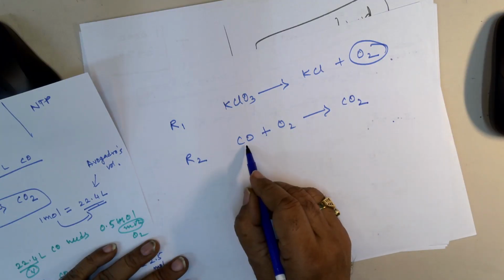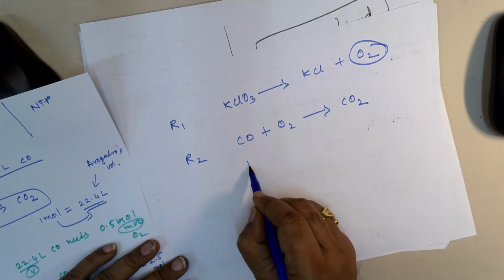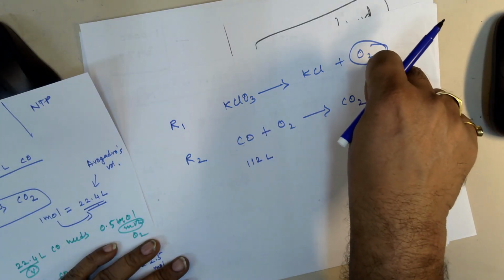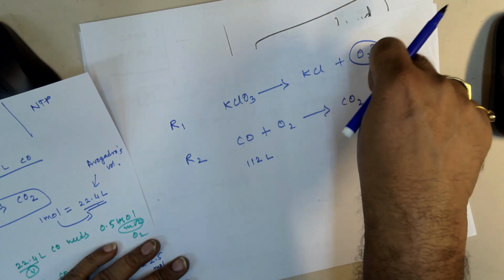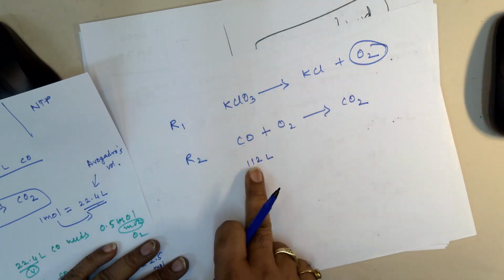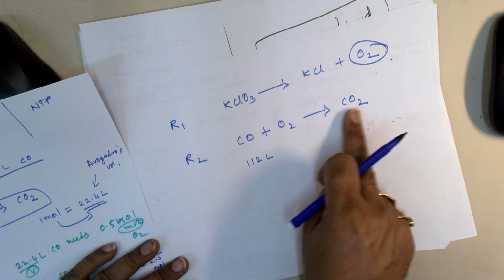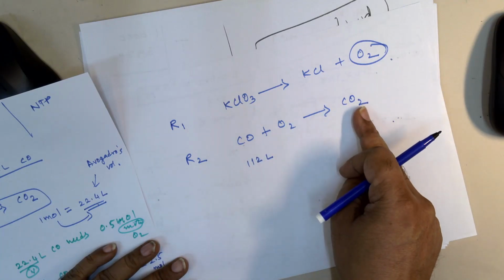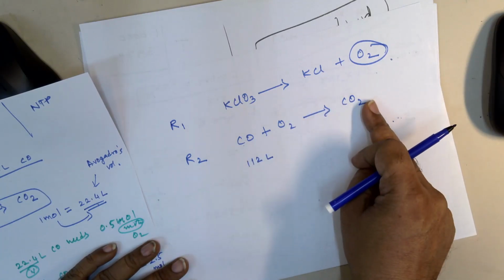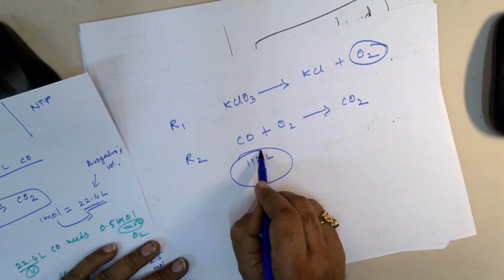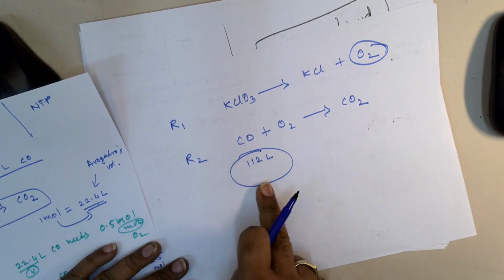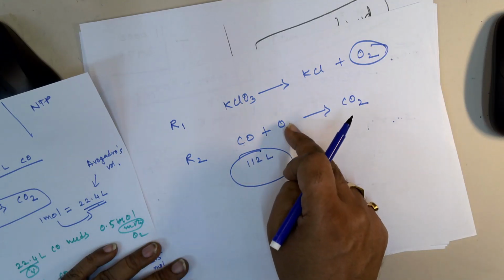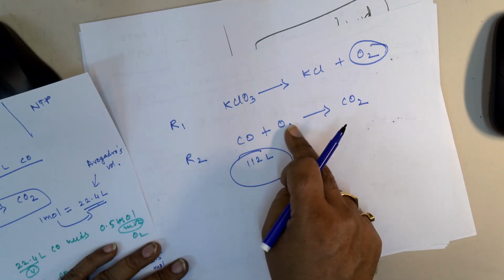Here they have given the volume of CO as 112 liter. Instead of mentioning the volume of oxygen obtained, that much quantity is used up to convert 112 liter of carbon monoxide, 1 mole. So indirectly they have given it. That is why I took up the second reaction first, in order to find out the oxygen consumed here. Do you understand this one?